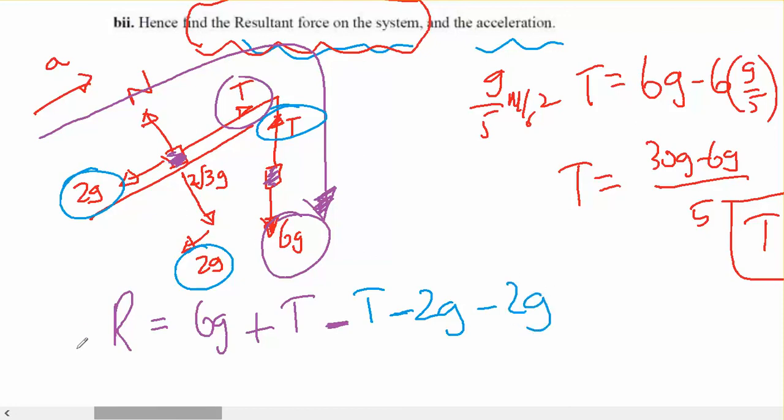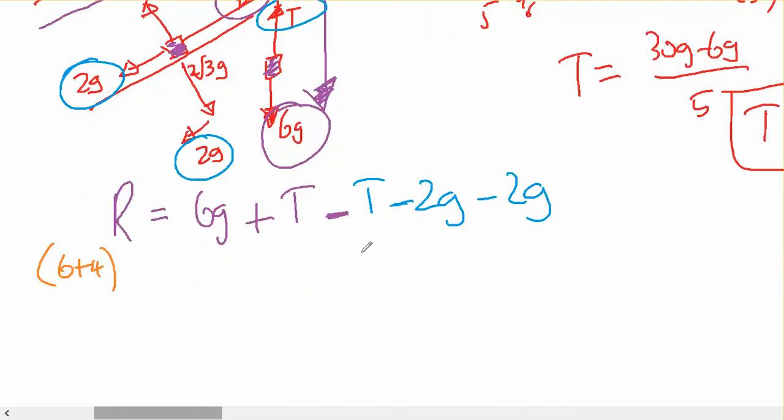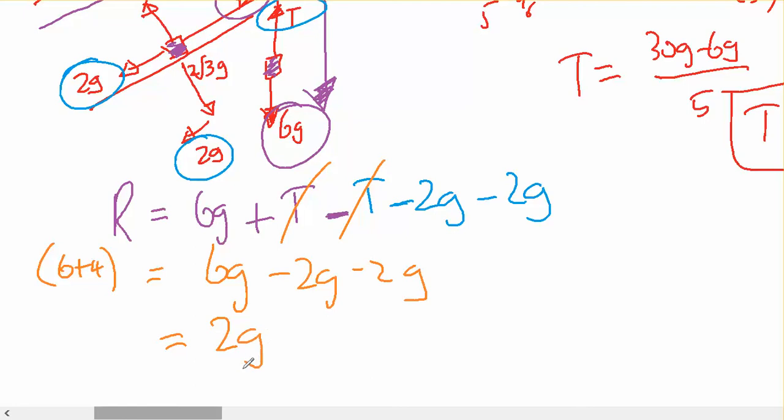And all of the masses is 6 plus 4 times the acceleration. Sorry, that's the resultant force of the system. So the T's cancel, 6g minus 2g minus 2g. The resultant force of the system is 2g.